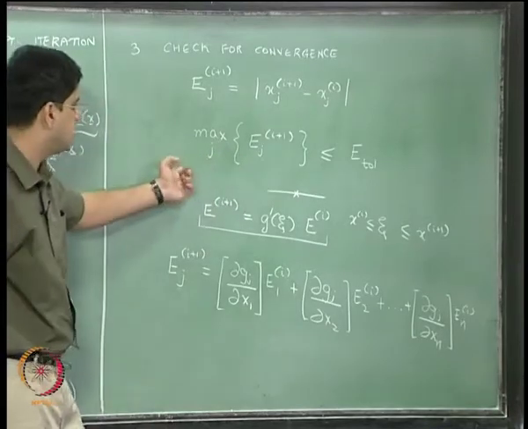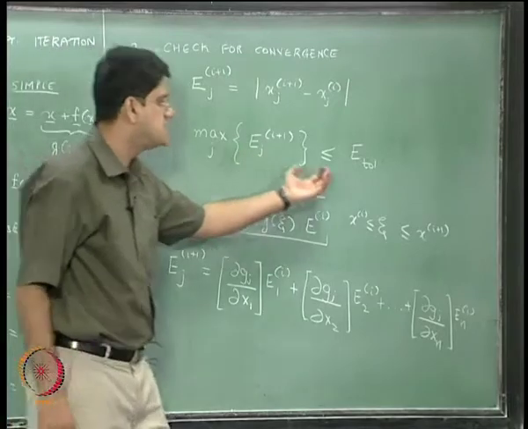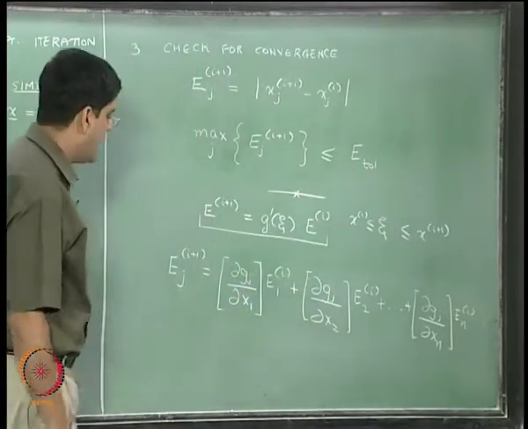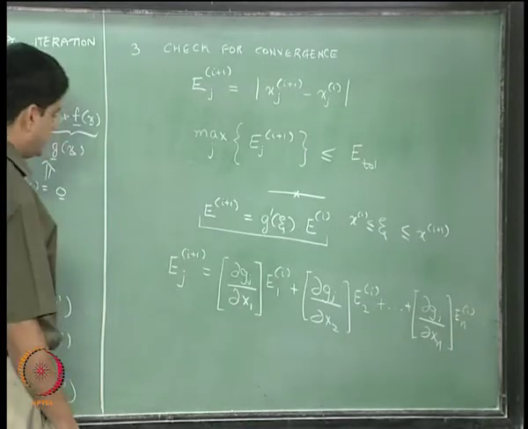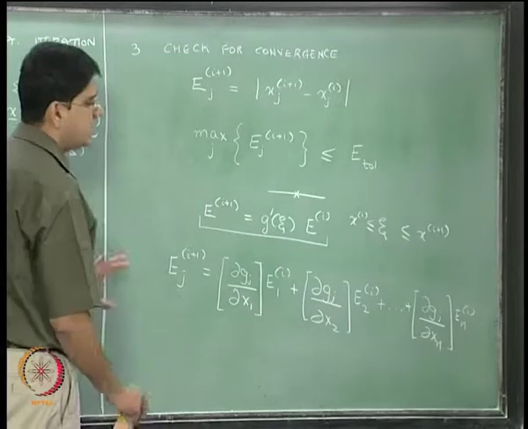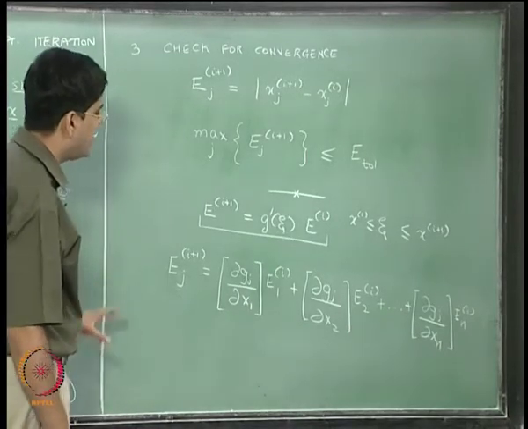Okay, so this is the error in the i plus 1th iteration for the jth variable, and what we need to do essentially is to find the maximum of those errors and see how that maximum error compares to the epsilon tolerance. Without going through the derivations, I will write the final result that will guarantee the tolerance.